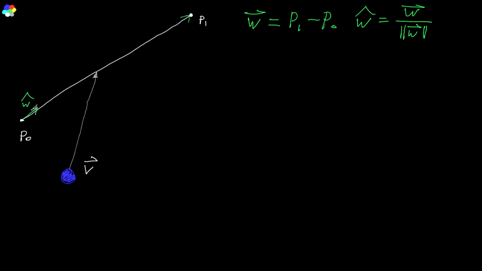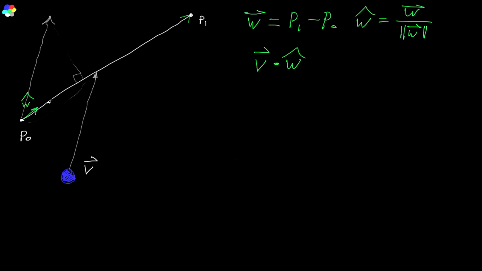Good. Now let's get the amount of the component of V that is going in the same direction as W. To visualize that, if this is V, it is going to be this projection here. We calculate that with our good old friend, the dot product. That's going to be V dot W hat.